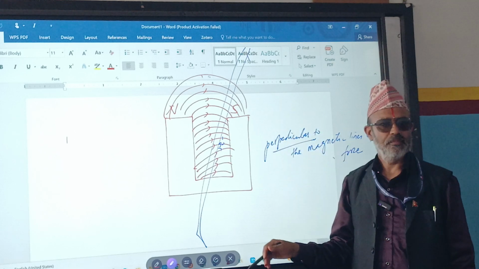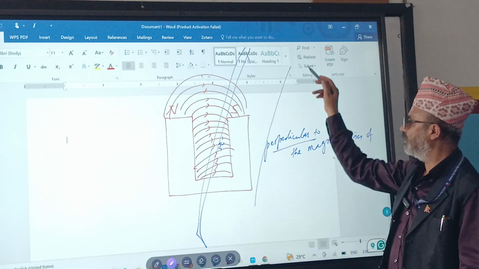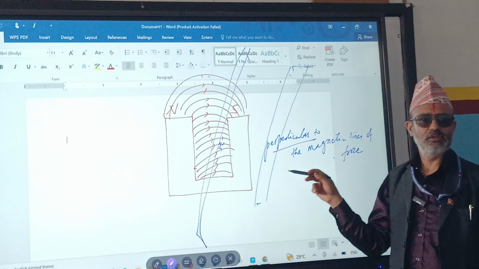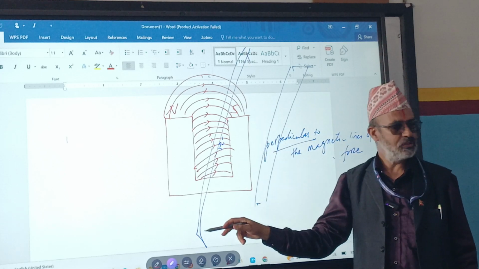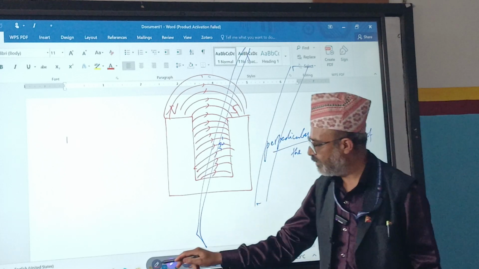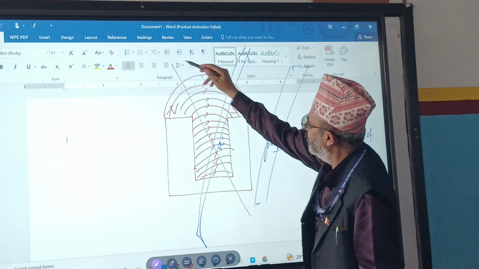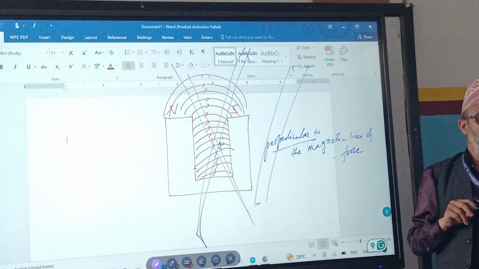Suppose you keep a conductor so that it is not cutting the magnetic lines, then there won't be any magnetic flux. Is it cutting? Okay, if you take another conductor and place it from here, does it also cut the magnetic lines of force or not?